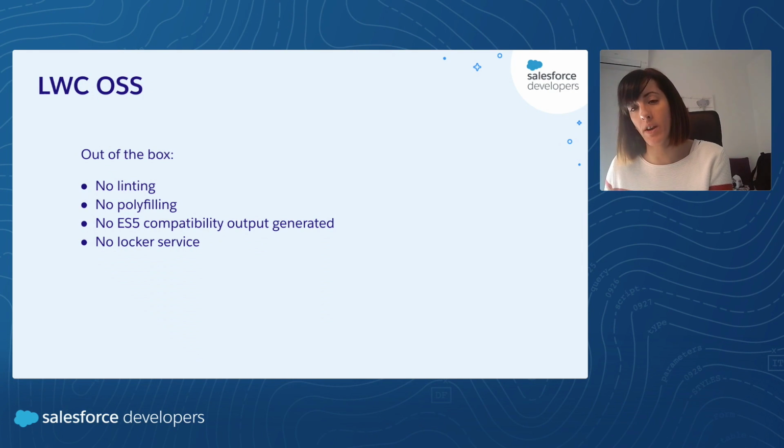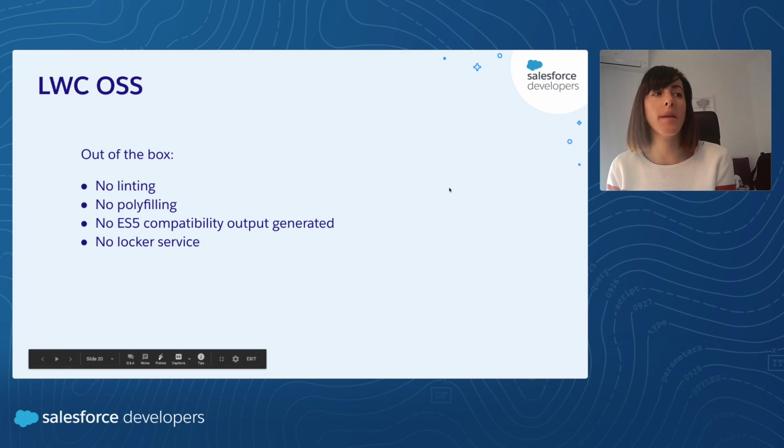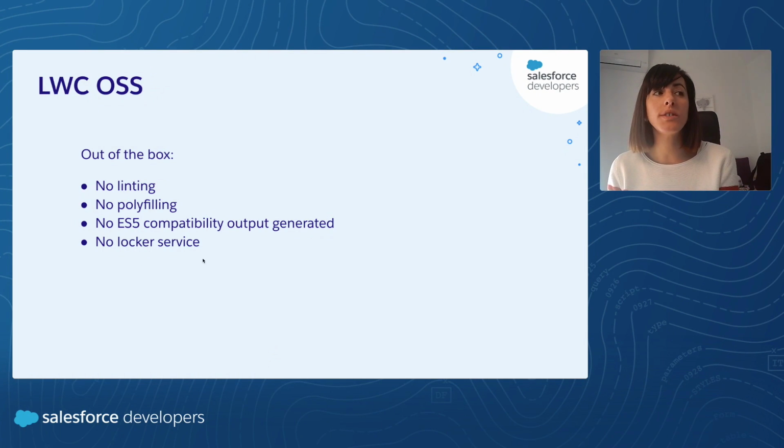Indeed, that's going to happen at runtime, but we are not going to load polyfills for you. We are not going to generate the ECMAScript 5 compatibility output, and local server doesn't run when using Lightning Web Components open source.